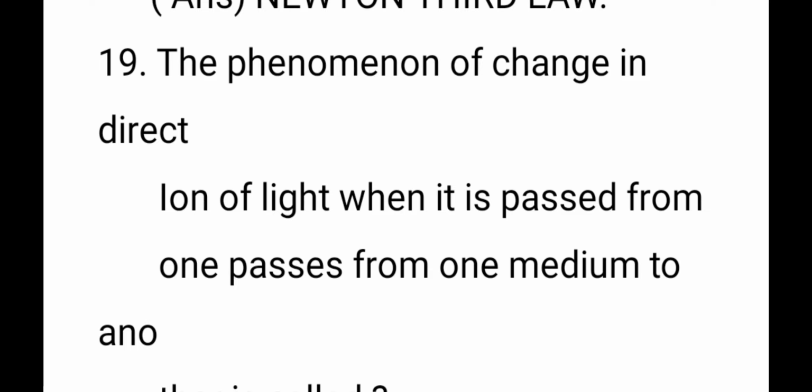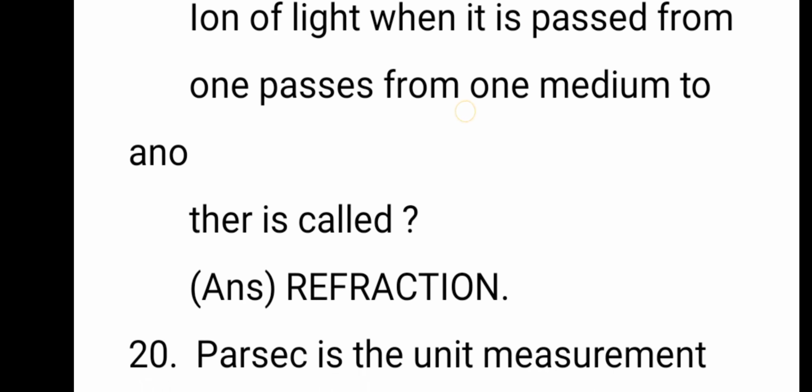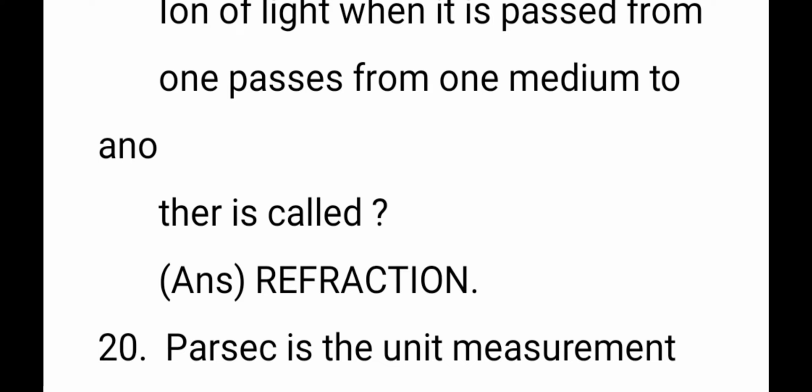The phenomenon of change in direction of light when it passes from one medium to another medium is called refraction. We have already discussed this in the light lesson: reflection, refraction, critical angle, and total reflection.